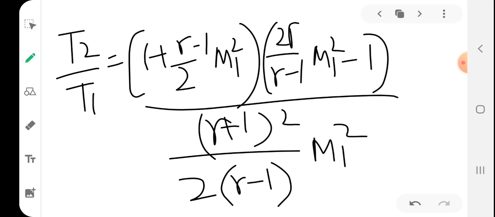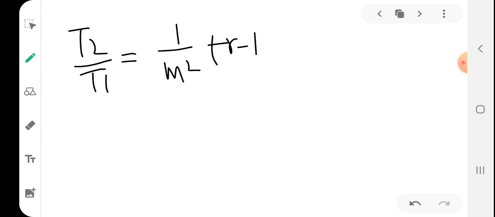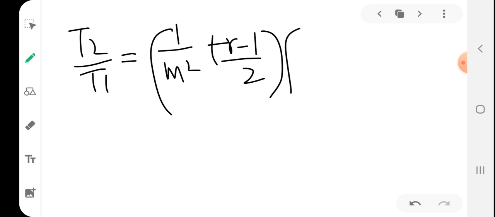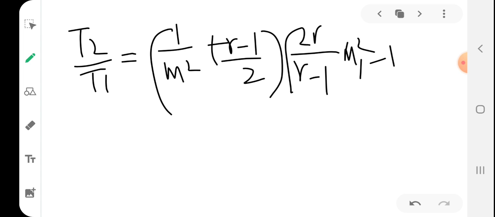To simplify the substitution, initially the numerator and denominator of the equation is divided by M1 square. So before that, I am simplifying this equation by dividing M1 square in both the numerator and denominator. Now the equation will change like T2 by T1 is equal to 1 by M1 square plus gamma minus 1 by 2, right, into 2 gamma by gamma minus 1 M1 square will be here because there is a product, right?